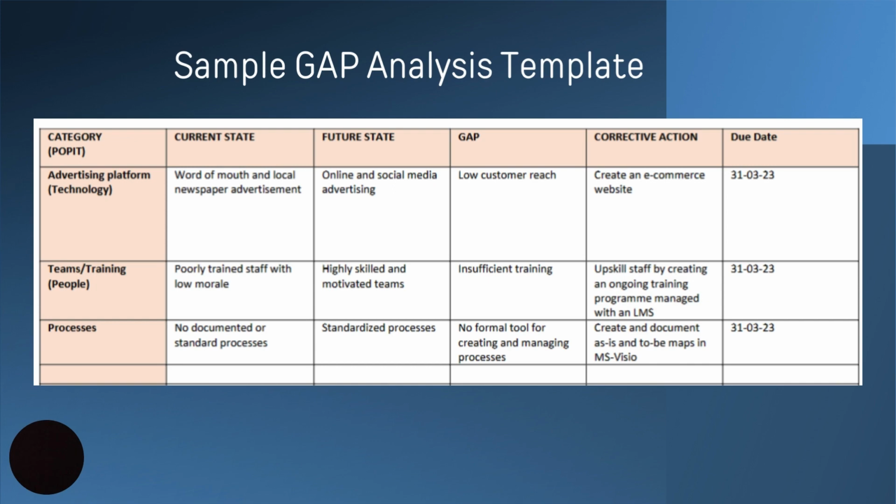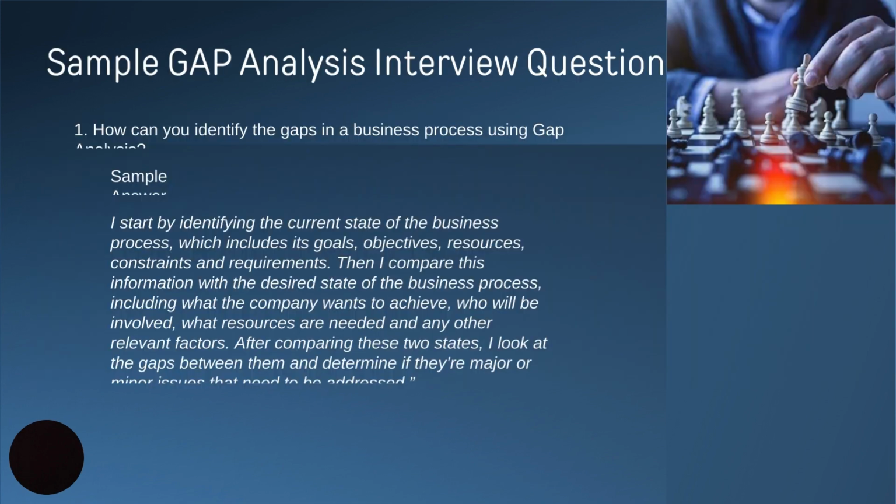You can create and document the current and the future state maps using Visio, or it could be any other tool. Now, this is how you go about using the gap analysis template to identify the gaps within an organization and move from the current state to the future state.